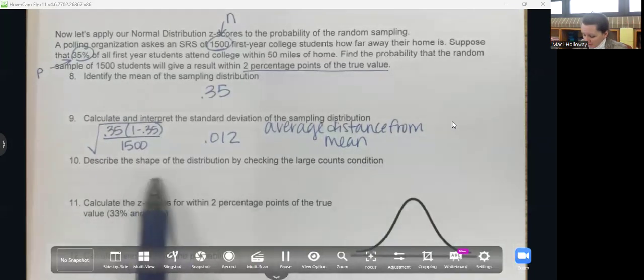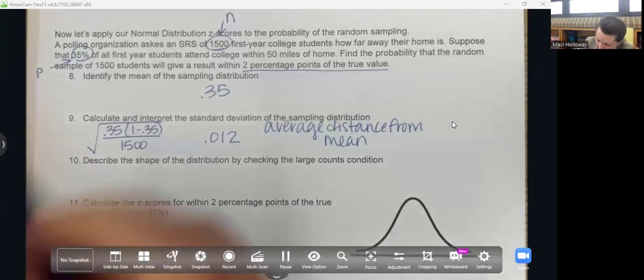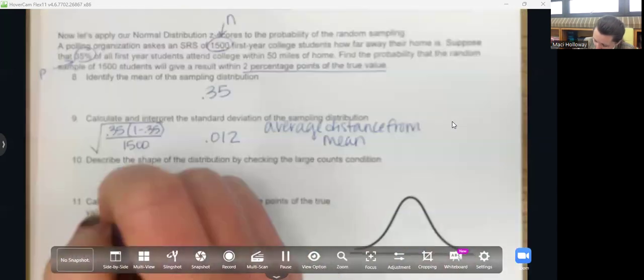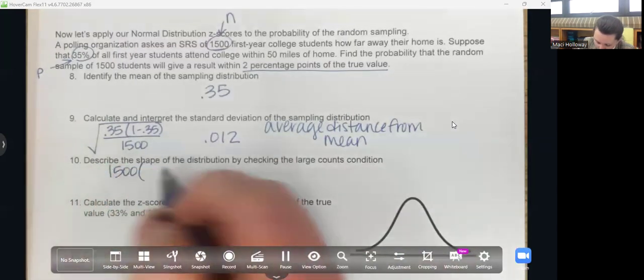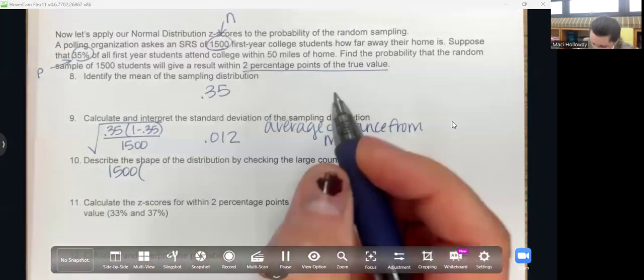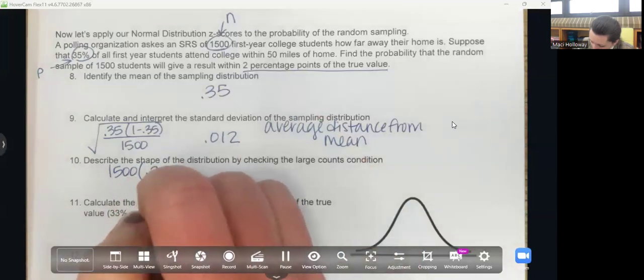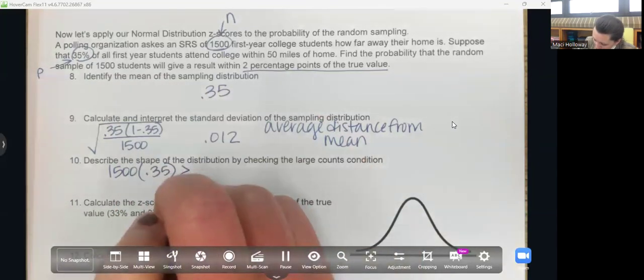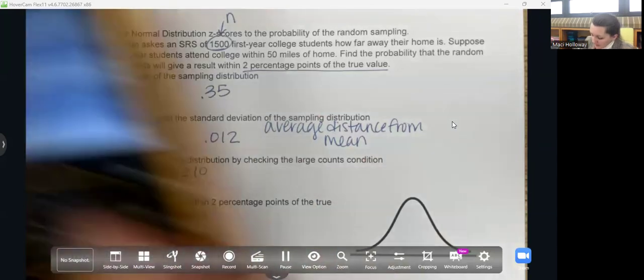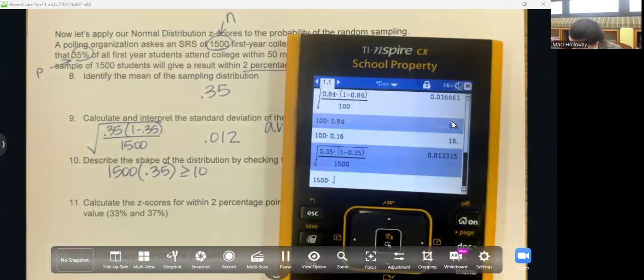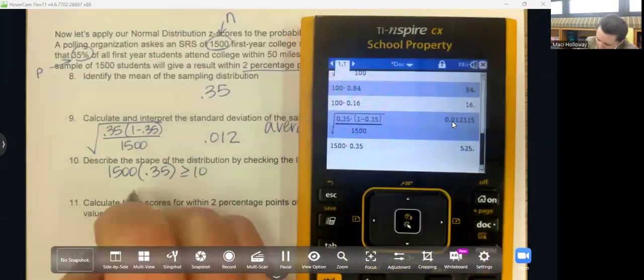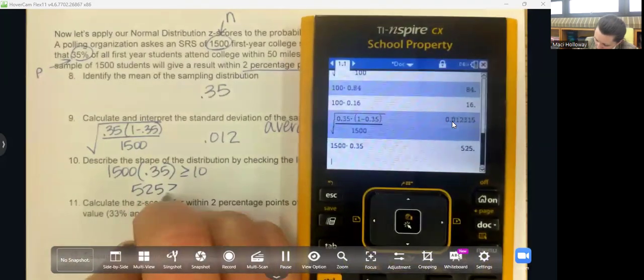Okay, so describe the shape of the distribution by checking the large counts condition. We'll do the same thing that we did. So we're going to do our sample size, which was 1,500, times our p-value, which is 0.35. We want that to be greater than or equal to 10. Let's see if this is 525, yeah, for sure.